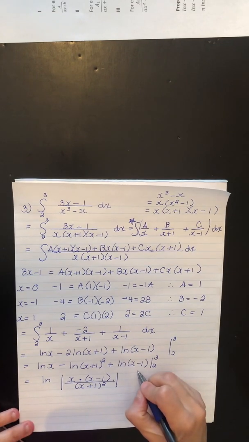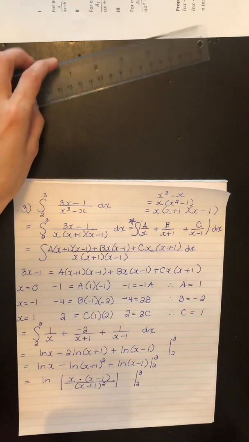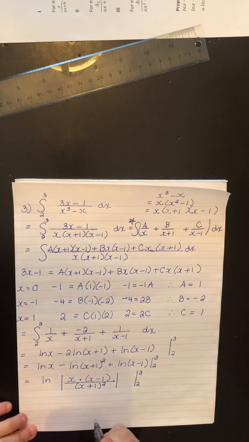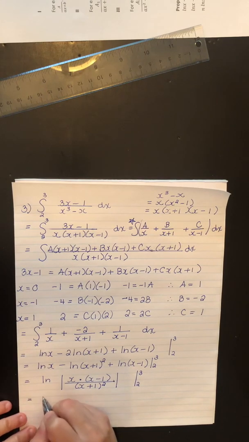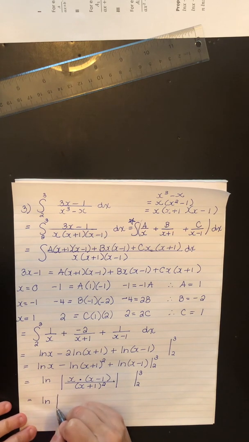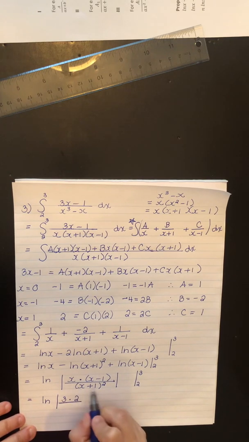Okay, and again, a reminder that we still have to evaluate between 3 and 2. So in fact, what we do now is substitute 3 first. And when we do that, it'll look like this. 3 times 2, 4 squared, right?